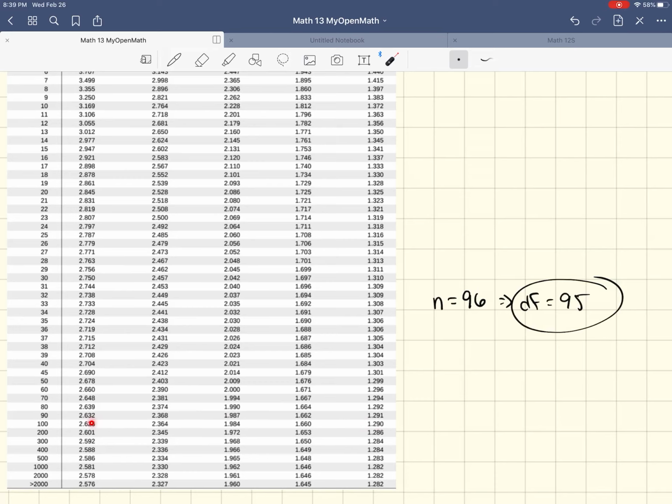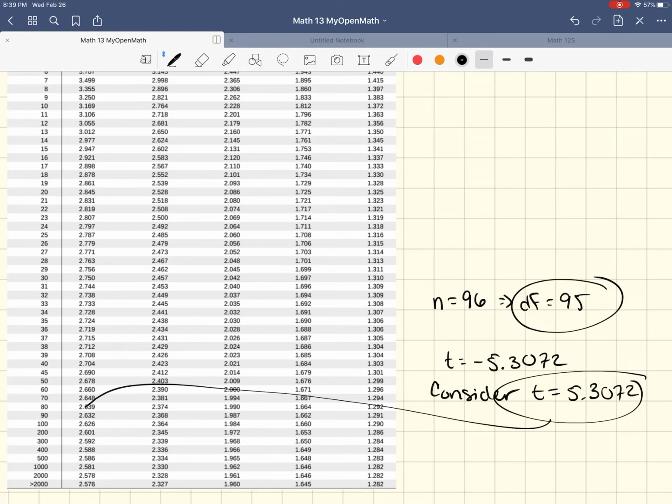Now here's what I want you to notice, because this is very difficult to know where to go from here. Our test statistic was negative 5.3072, so let's first consider the positive t-score, positive 5.3072. And notice that that t-value is way off of this chart.